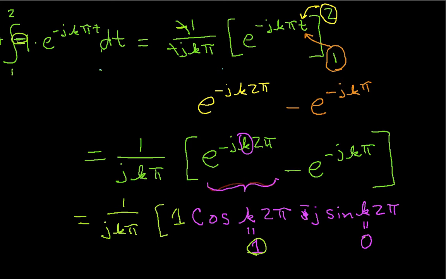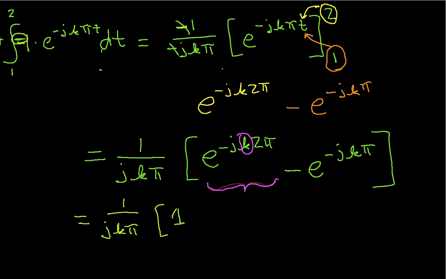And now we'll have to make this go away. Minus e to the j k pi. So all of a sudden things have gotten quite a bit simpler, but they'll get even simpler still, at least eventually.